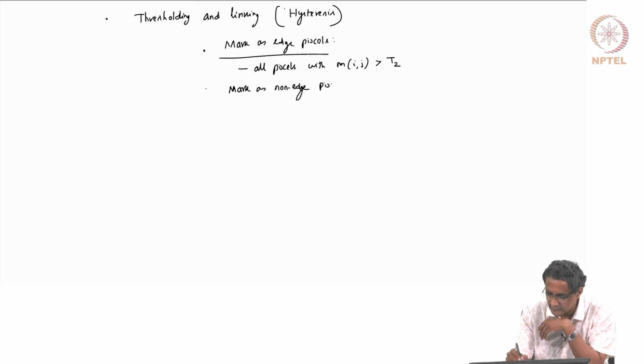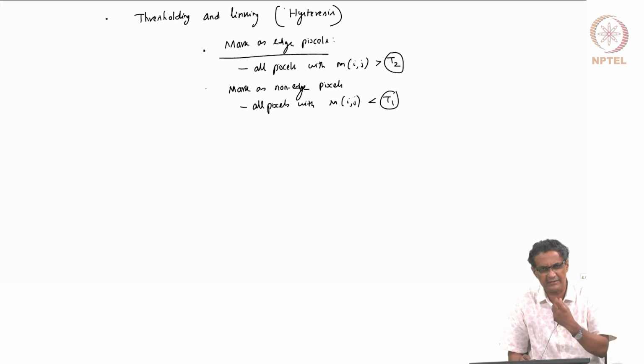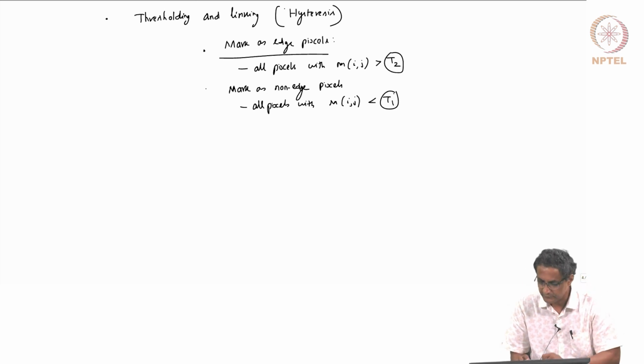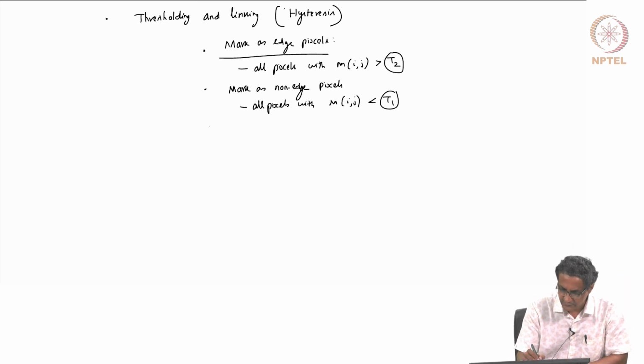All pixels with Mij less than T1, some other threshold. So this is like a high threshold, and this is like a lower threshold, which means that something weaker than that, don't even accept it, throw it away. Some people say T1 can be taken as T2 by 2, but again these are all heuristics. Some amount of heuristics is of course involved.